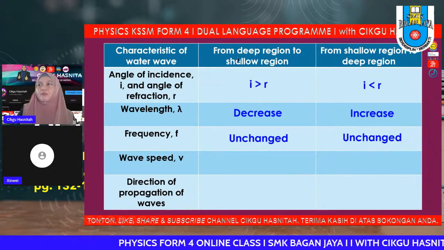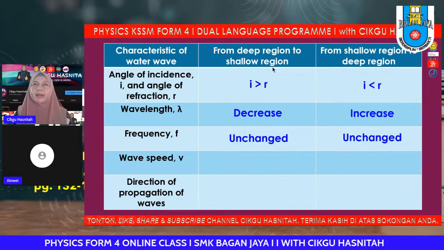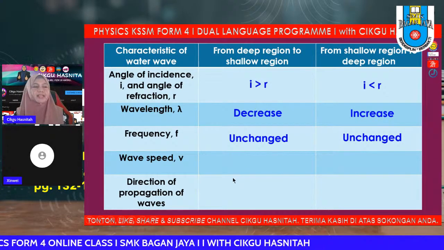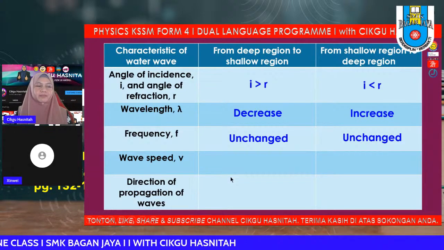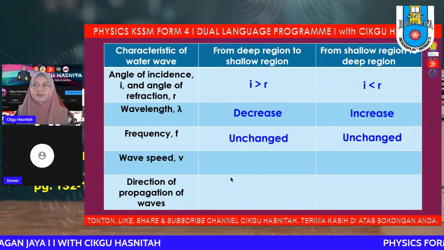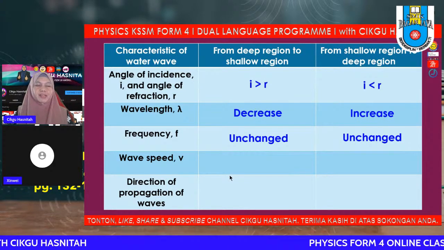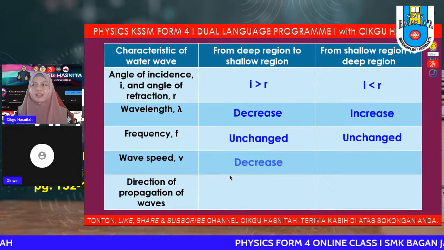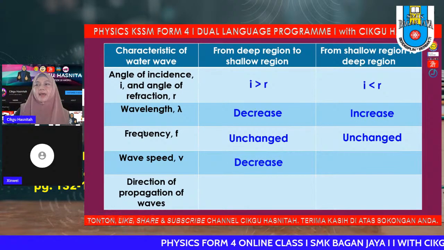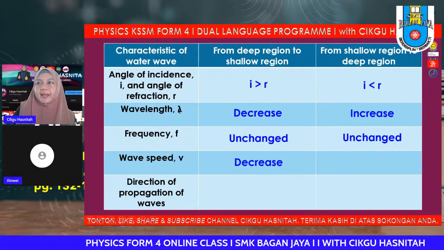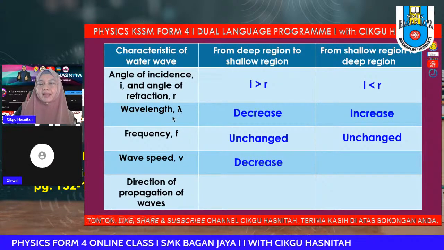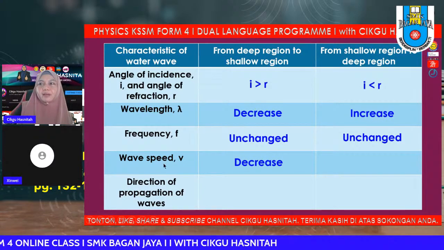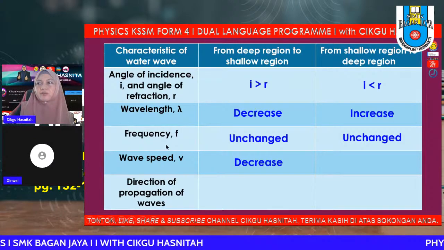Okay, how about the wave speed? From deep to shallow, what happened to the wave speed? Increase or decrease? It will decrease. Actually, wave speed is related to the wavelength. Wave speed is directly proportional to wavelength.